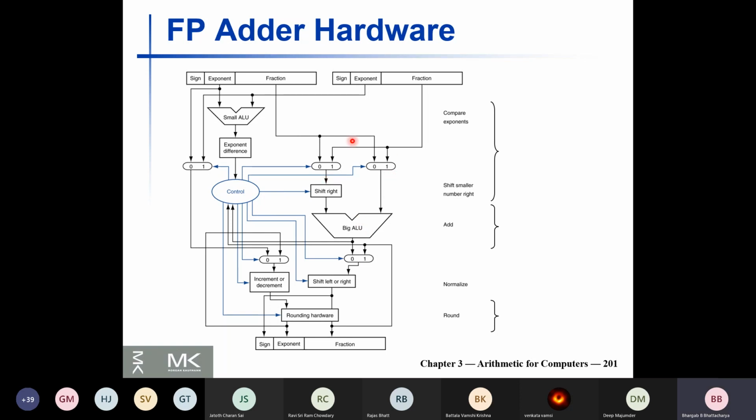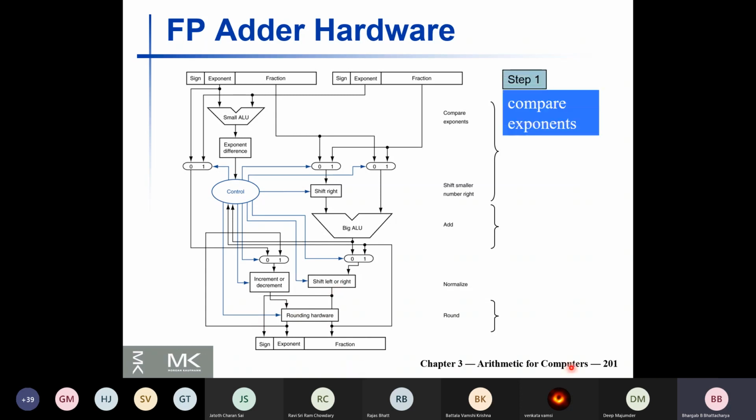These multiplexers are needed to pass the appropriate inputs through this data path. Once the ALU is done, again you need to shift left or right and increment or decrement the exponent value, and there is the rounding hardware, and finally the sign is determined.